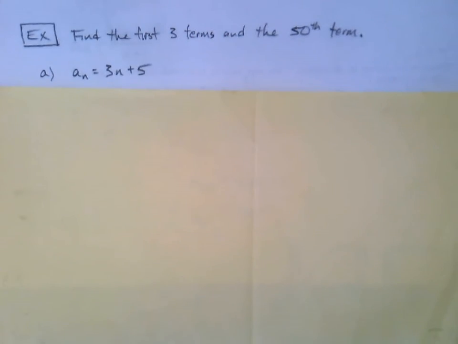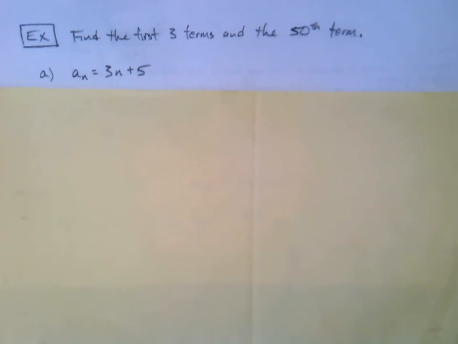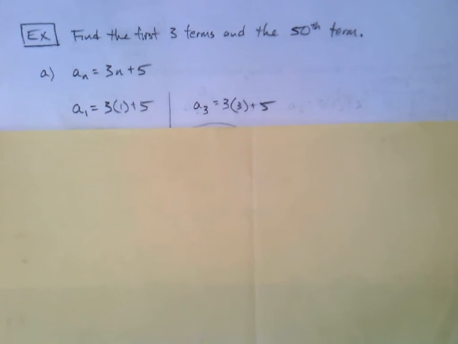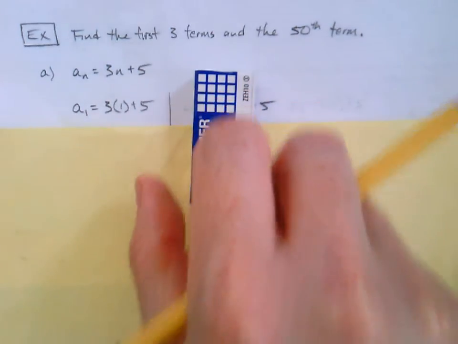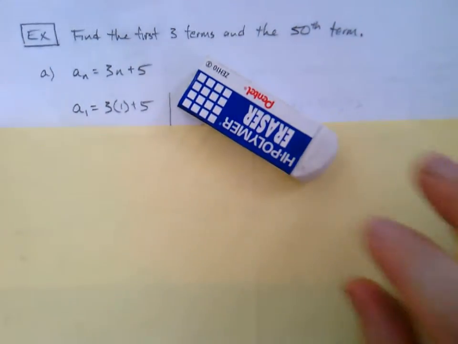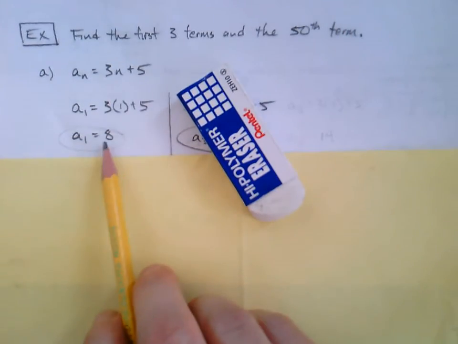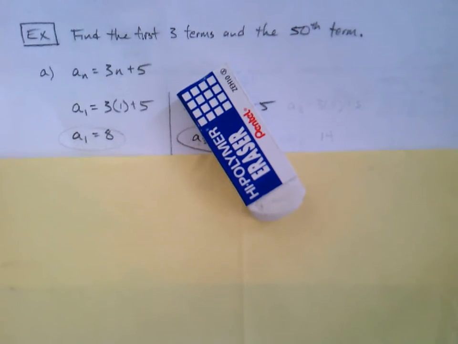Okay, so to find the first term, a1, we're going to write a1, and we're just going to put a 1 there where the n is. So a sub 1 equals 3 times 1 plus 5, and if we simplify, we get 3 plus 5. The first term here is 8.